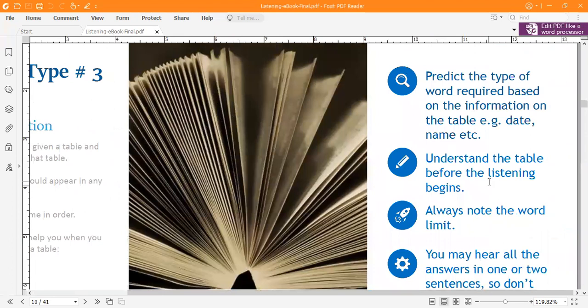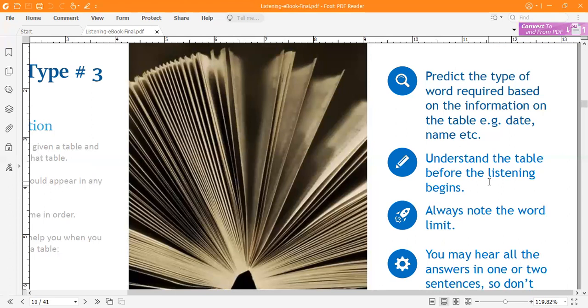So first of all, predict the type of the word required based on the information in the table. For example, if they say date, try to direct your brain to focus on this area. If they say number, try to set your brain to focus on this area. Because if you activate your mind to focus only on a number, you're going to hear the number in a very easy way.